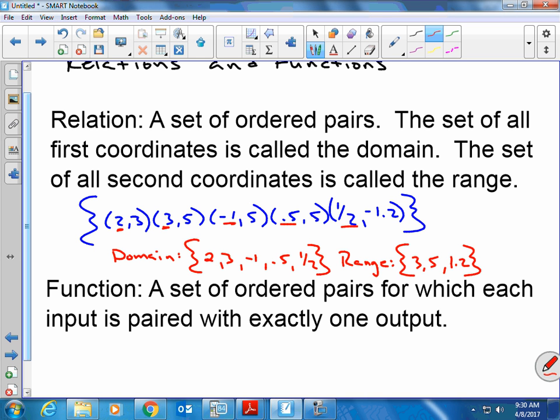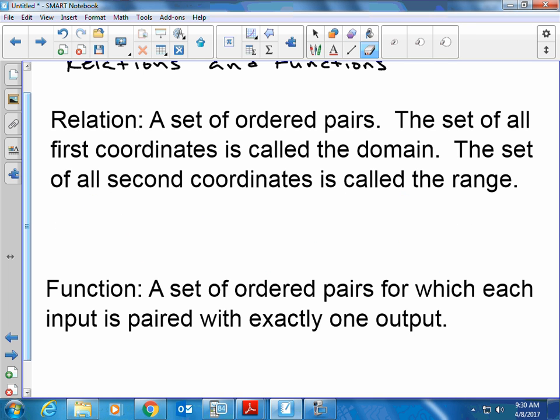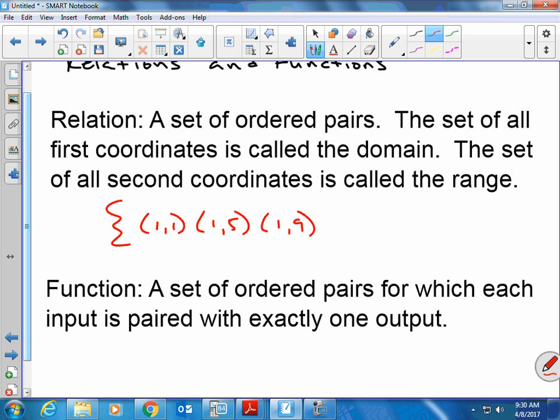A relation does not have to have a pattern. A relation is simply a set of ordered pairs. This could be a relation: the set of ordered pairs (1, 1), (1, 5), (1, 9) doesn't have to have any special pattern.